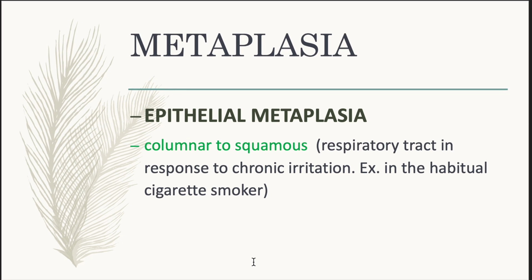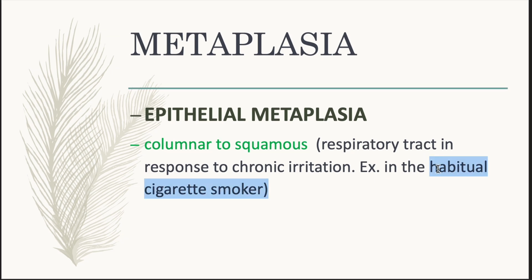Okay? So, for example, pag si patient is a habitual cigarette smoker, okay? So, normally, ang imuhang esophagus has columnar cells, pero maging squamous sila in response to chronic irritation because of cigarette smoking, and that is bad because that will lead to cancer cells.